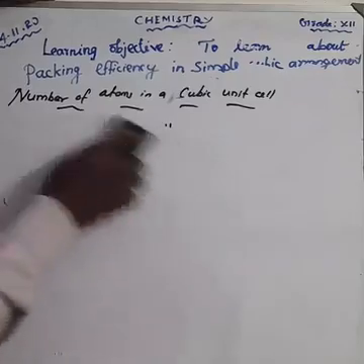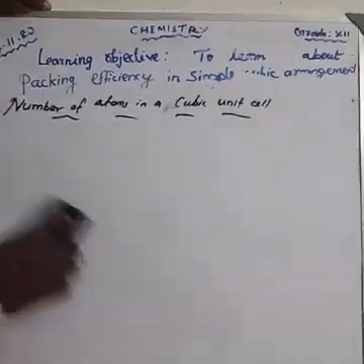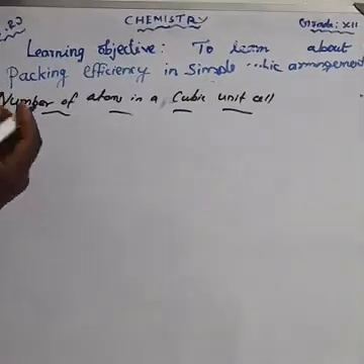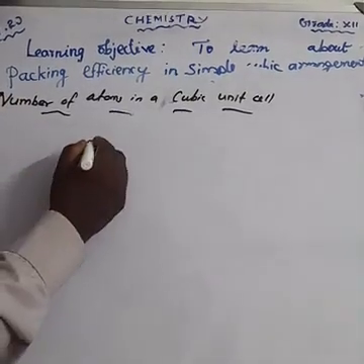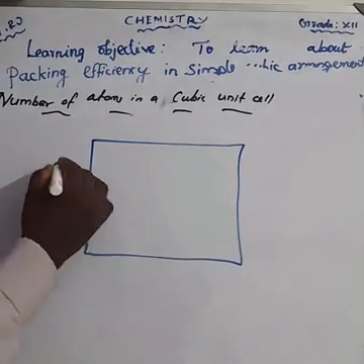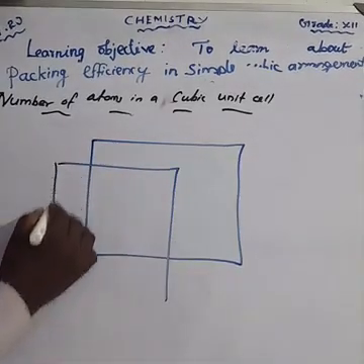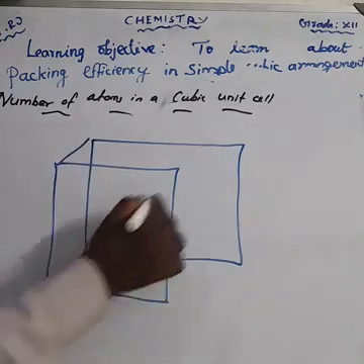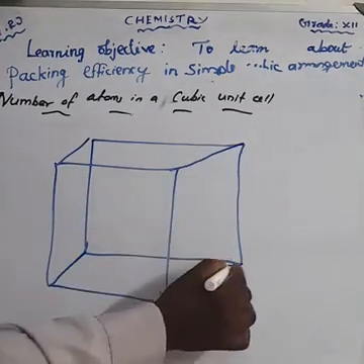In body centered cubic, each corner is occupied by an atom. For example, this is the body-centered cubic.